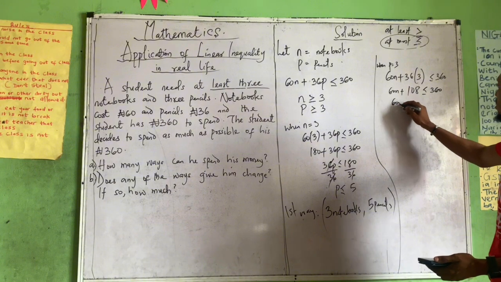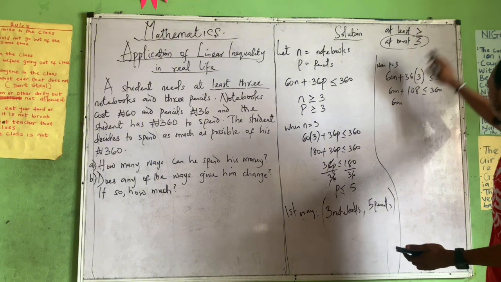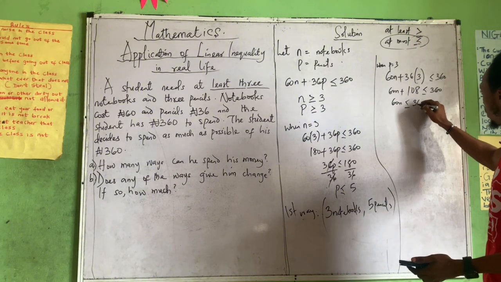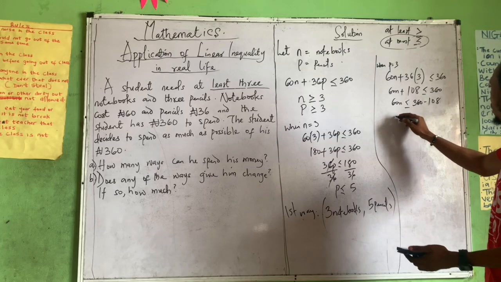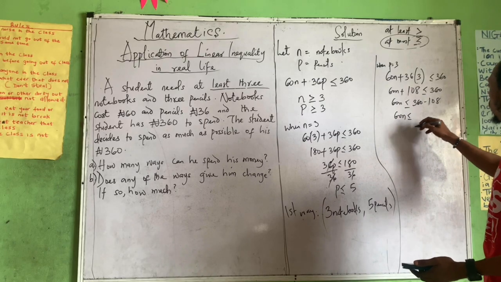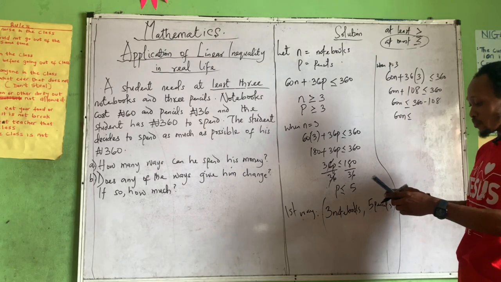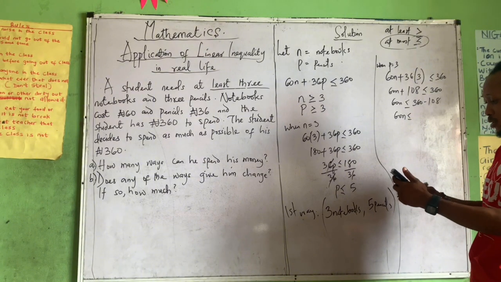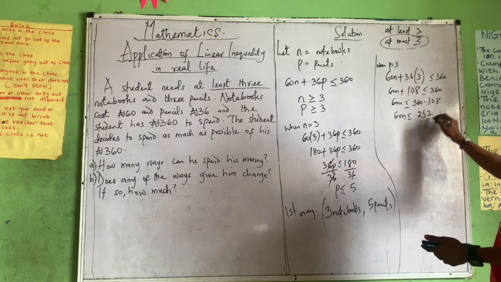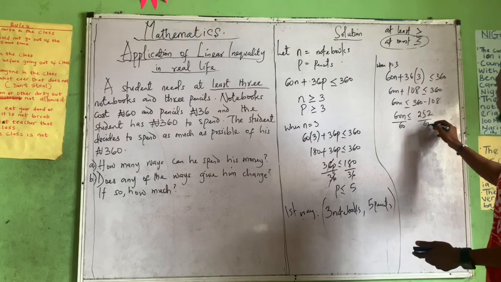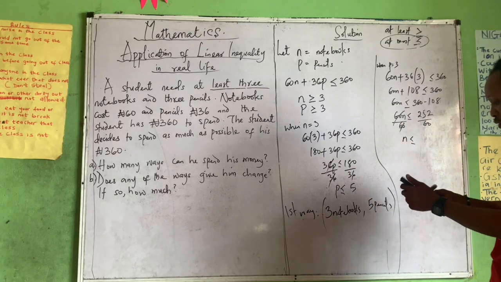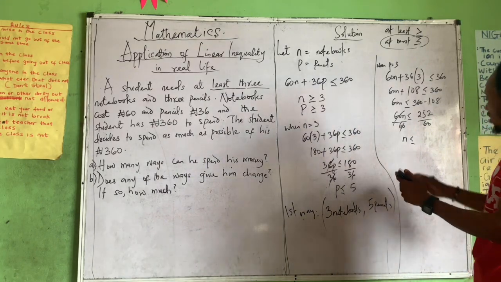So we have 60n. Let's take this to the other side: 60n is less than or equal to 360 minus 108. That's 252. We divide both sides by 60 to get n. So we have 4.2.